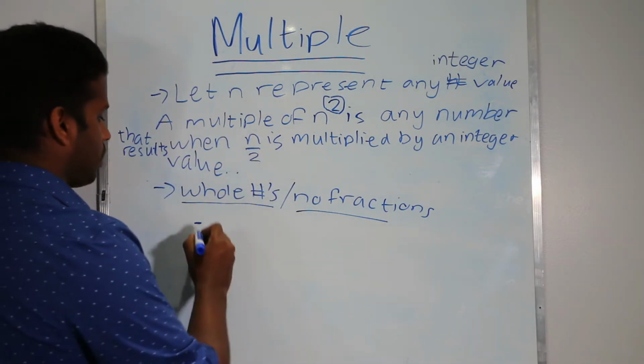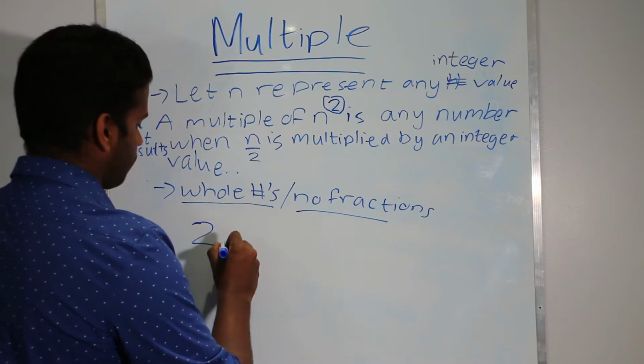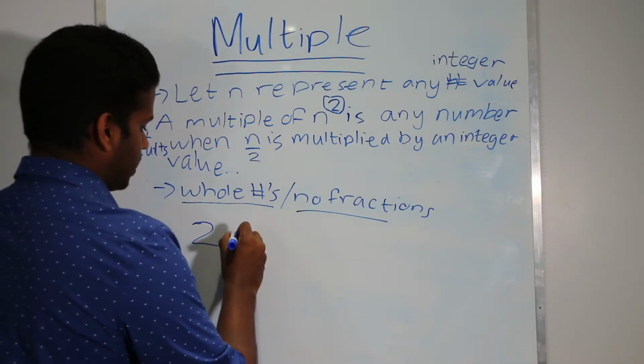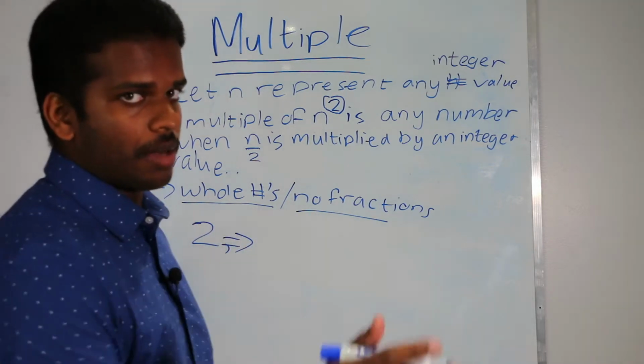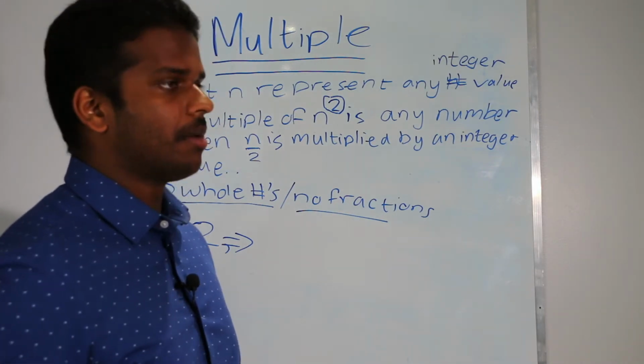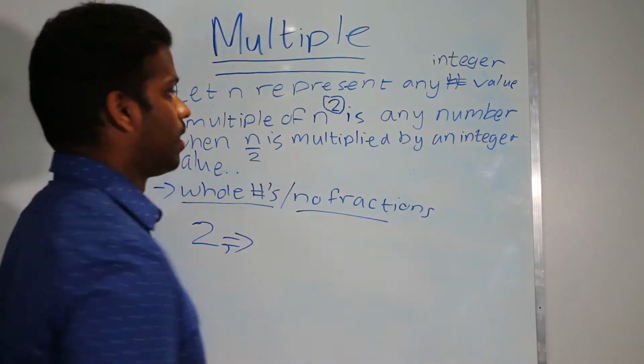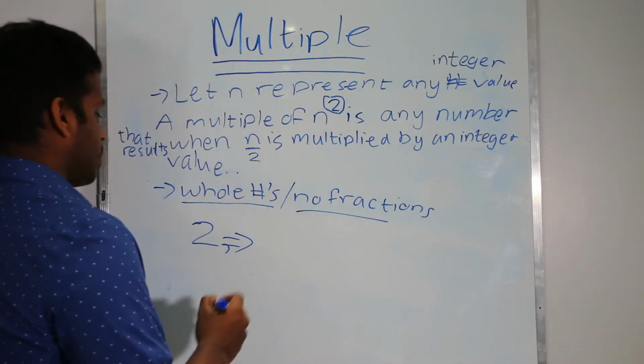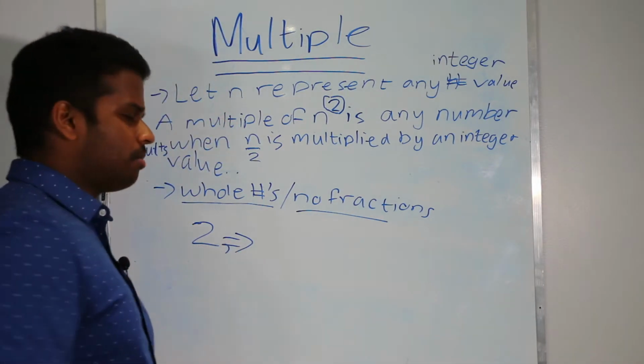So let's take a look. For example, multiples of 2. And 0 is a multiple of all numbers, because any number times 0 gives you 0. So 0 is a multiple of all numbers, just to make that clear, because a lot of people forget that. So what are multiples of 2?